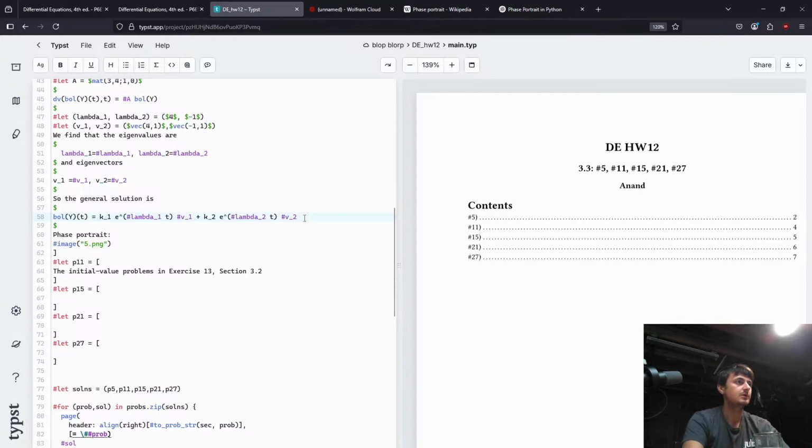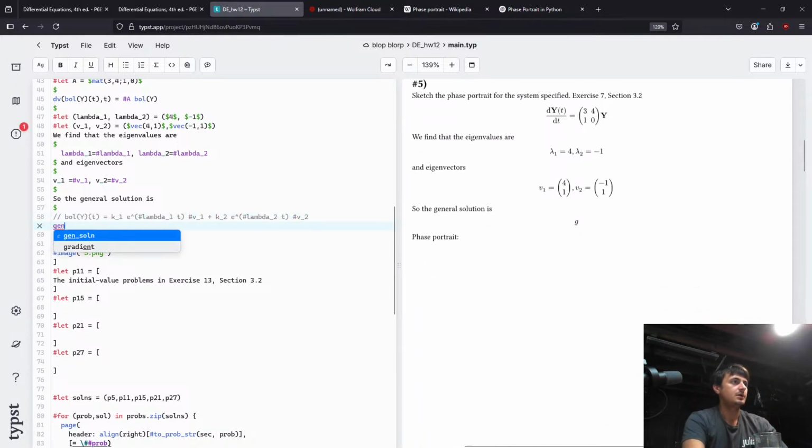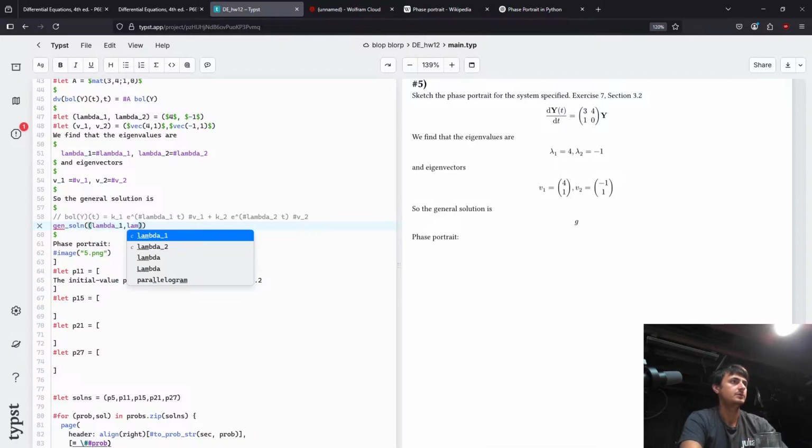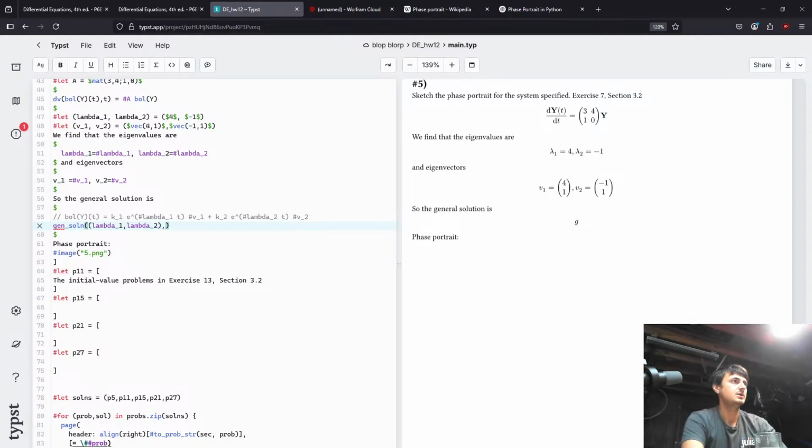So then if I do that, let's actually do general solution lambda 1, lambda 2, and that should be symbolic, and then we can do v1, v1, v2, right? Do I need to call it somehow? Do I need a hash? Why doesn't this work? Expected integer, found content?